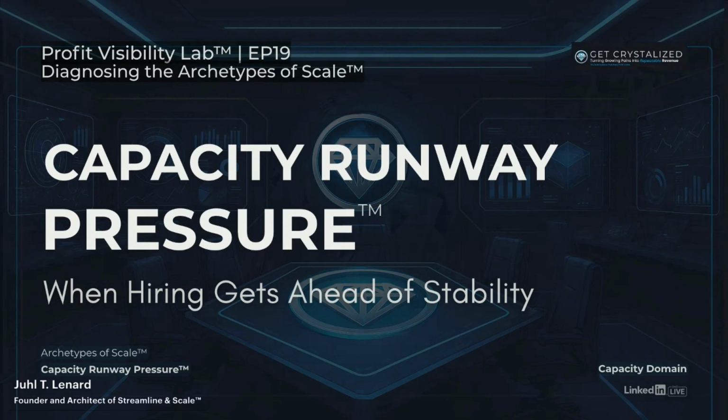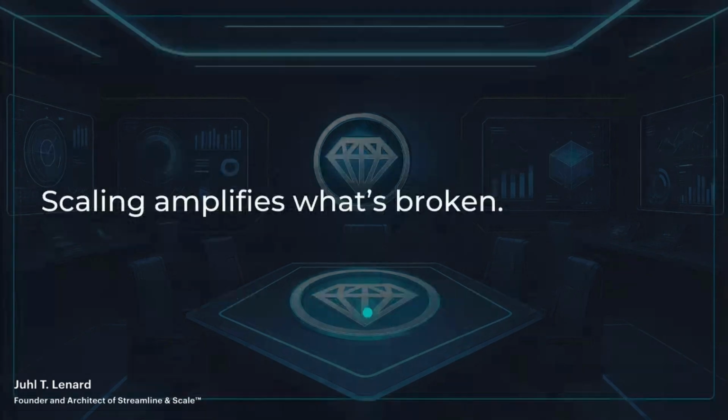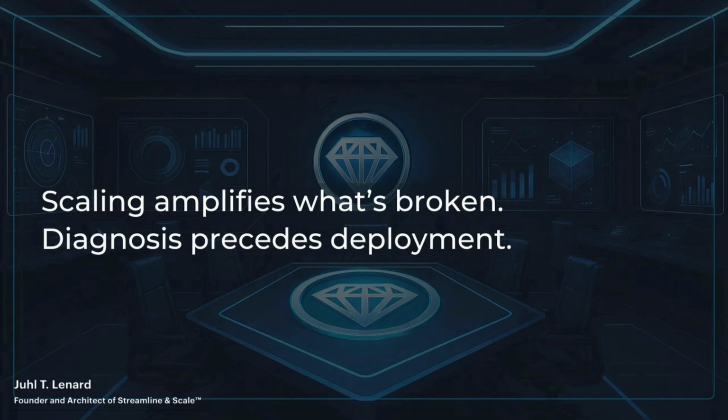First we want to identify the lens through which we're taking a look at this pattern: scaling amplifies what's broken, and diagnosis precedes deployment. So we're looking at the pattern to be able to diagnose its location, and we'll get into this a little bit later.